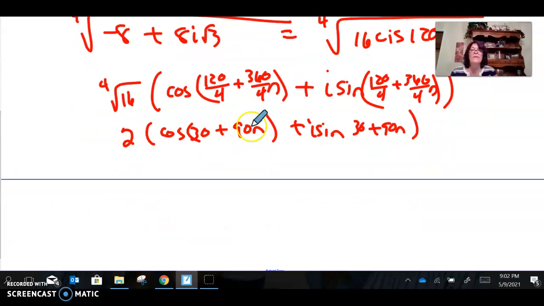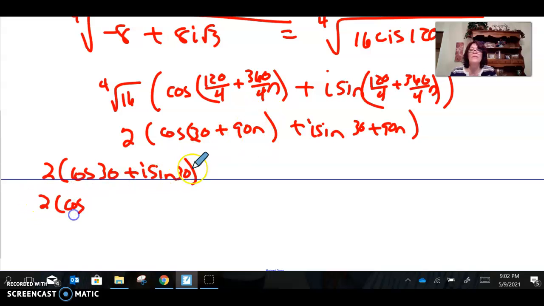So when n is 0, I just have cosine 30 plus i sine of 30. When n is 1, I have cosine of 30 plus 90, so that would be 120, plus i sine of 120.